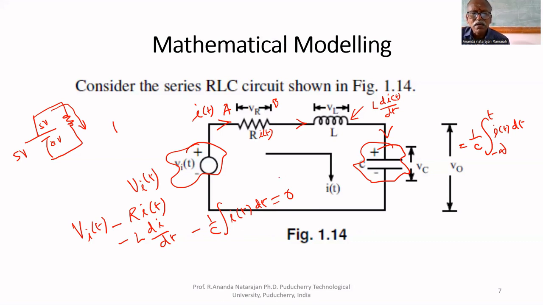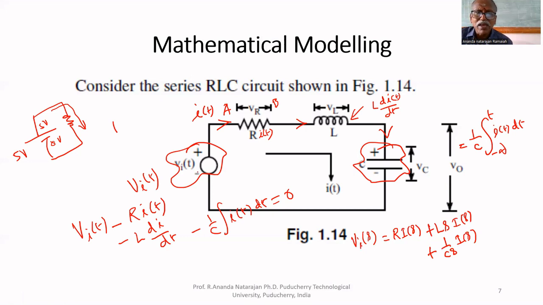If you take Laplace transform, what you will get is Vi of S equal to, if you bring all this to the right hand side and take Laplace transform, R I of S, assuming 0 initial condition. While taking Laplace transform, in control systems we always assume 0 initial conditions, plus L S I of S, because for differentiation S, plus 1 by C S I of S. We are ignoring all initial conditions.